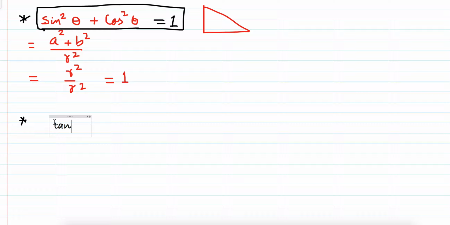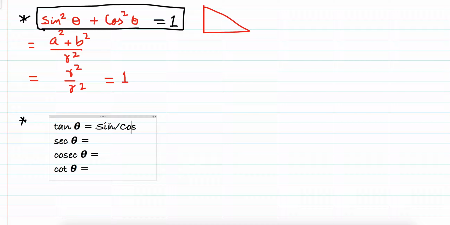We will define tan theta, sec theta, cosec theta and cot theta. Tan theta is the ratio of sine and cosine, so it's sin theta divided by cos theta. What will be its value?